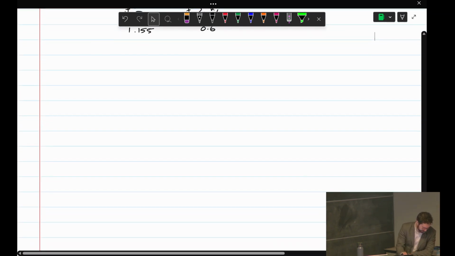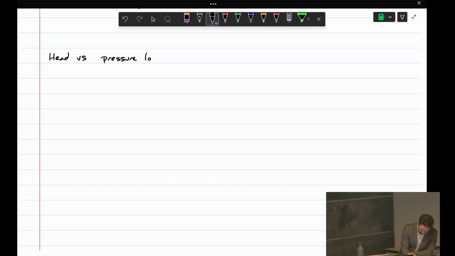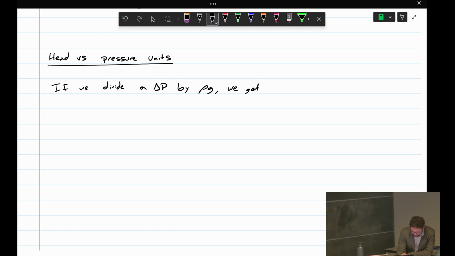Let's talk about head versus pressure loss now. So, okay, this should be called head versus pressure units. So if we divide a delta P by rho G, we get units of head, which is in meters.